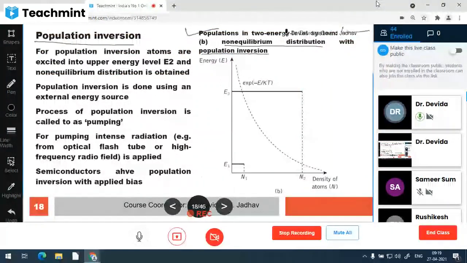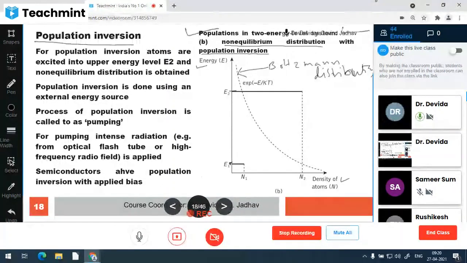What we observe in this figure: on the x-axis, density of atoms N, on the y-axis, energy E. Now this is the Boltzmann distribution. The dotted curve is the Boltzmann distribution. Energy level E2 is this, the conduction state energy, and energy level E1 is this, the valence state energy.